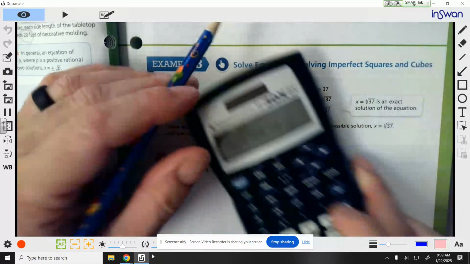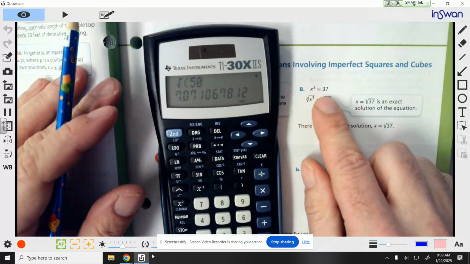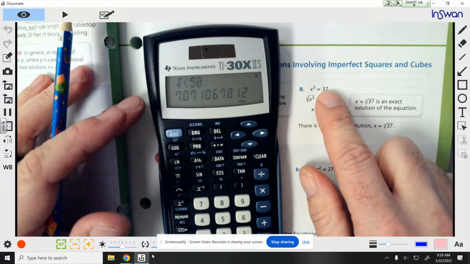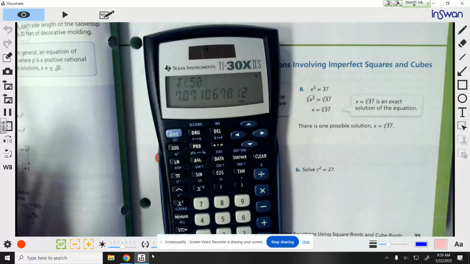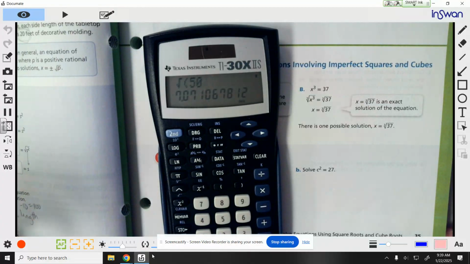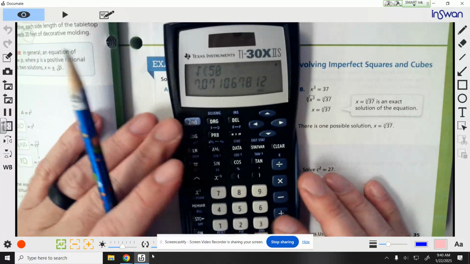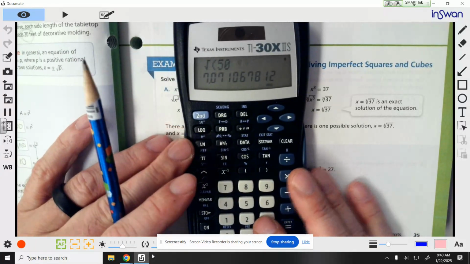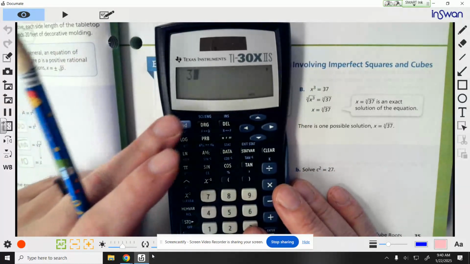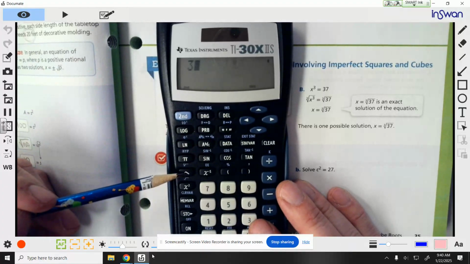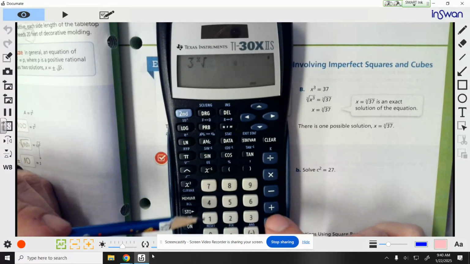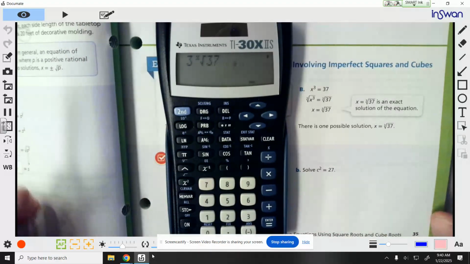Okay, coming over here to letter B. X cubed equals 37. So we ask ourselves, is that a perfect cube? Is there a number multiplied by itself 3 times equaling 37? In this case, there's not, but we can check. So again, we would do 3 second, and you have to hit the caret key to get that x root, and you would type 37 equals.